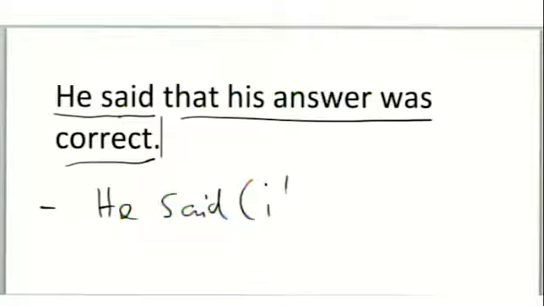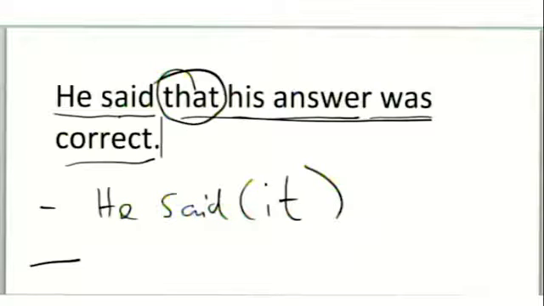What he said, we can replace that with it. He said it. And the second part, which says that his answer was correct. We also have another clause because there's a subject here and there's a predicate, joined by that. And that is what makes the meaning incomplete.